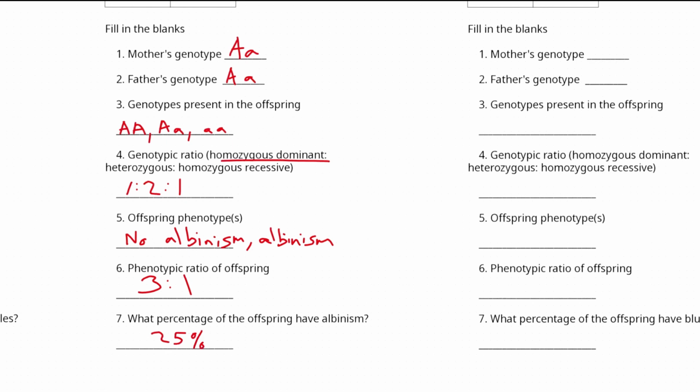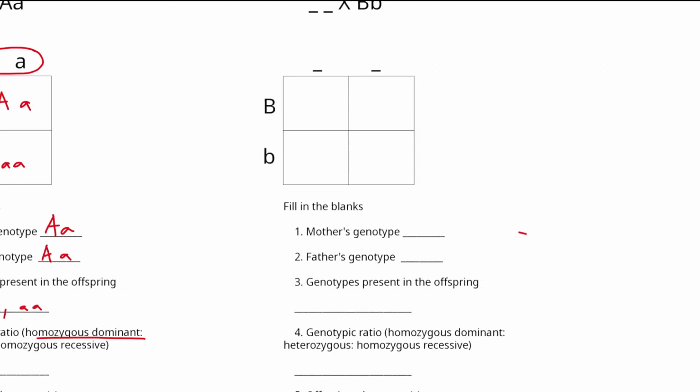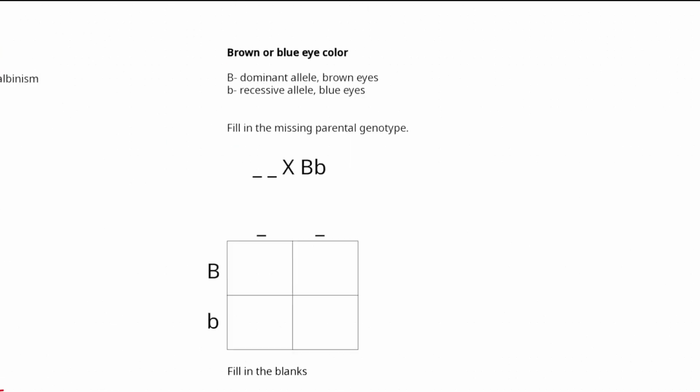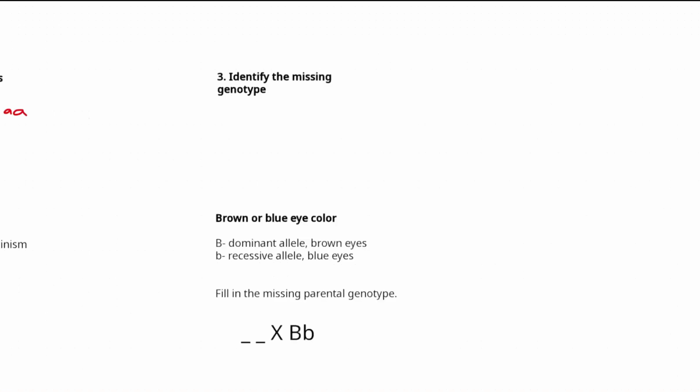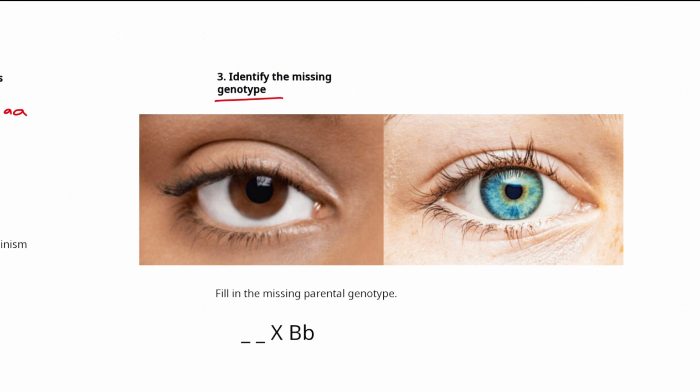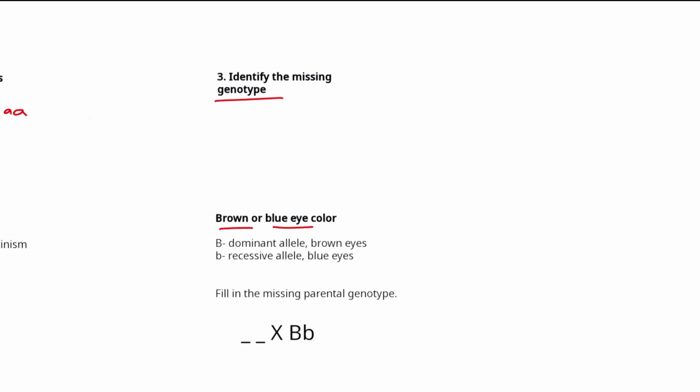Let's try this last example. And here we're going to identify the missing genotype. In this case, we're looking at brown or blue eye color. And earlier, I gave you some information that will help with this.